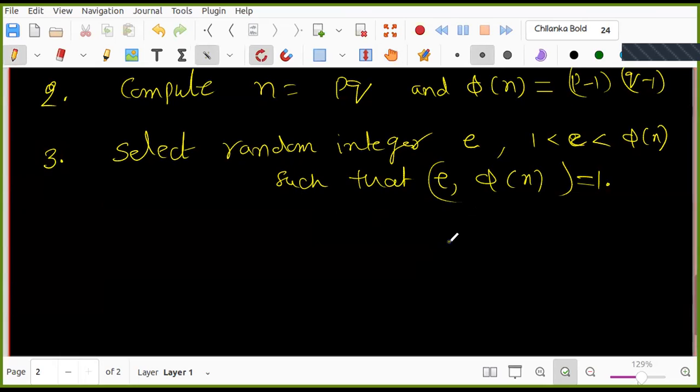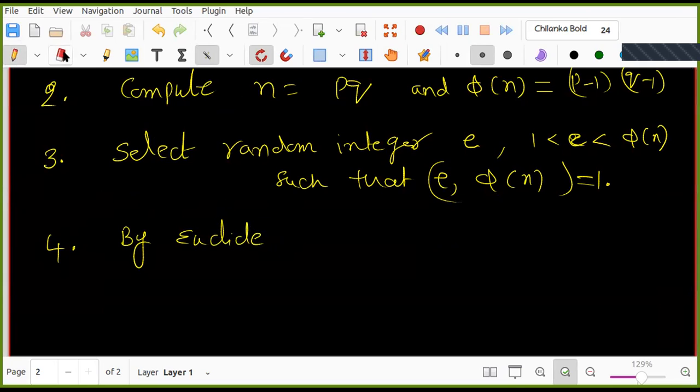We studied U(N) in number theory. U(N) is a group with respect to multiplication. So E has a multiplicative inverse, right? These things you know. Then by Euclidean algorithm, or by Bezout's identity, people generally write Euclidean algorithm only. They will not say Bezout's identity and all. Yeah, by Euclidean algorithm.